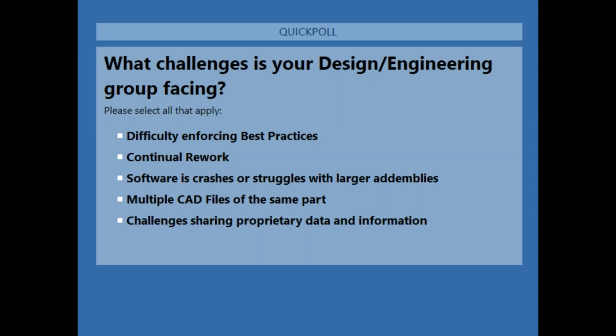Just out of curiosity, what challenges is your design or engineering group facing today? The reason I'm asking this poll is to get in the mindset of where you are right now within your processes and what challenges you might have, because I think that'll relate to some of these solutions you'll see within the presentation and the demo.